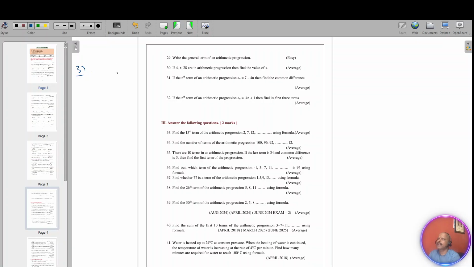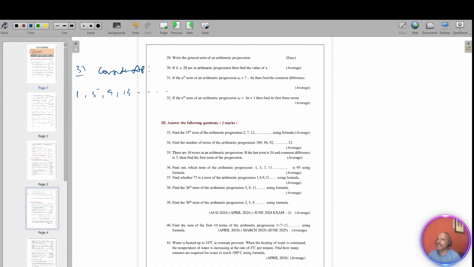Consider AP 1, 5, 9, 13 and so on. When AP is given in the question, you just get it. Then assign the values A equal to 1, D equal to 5 minus 1, 4. Let AN be equal to 77.